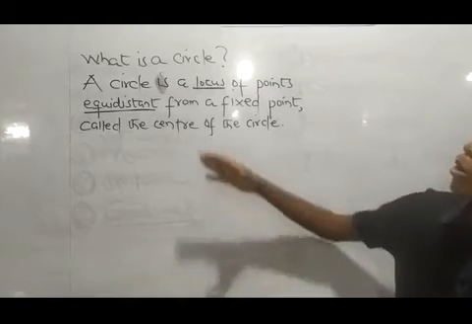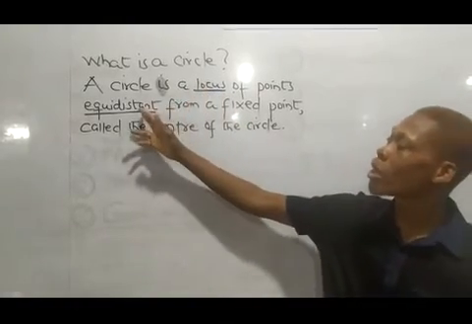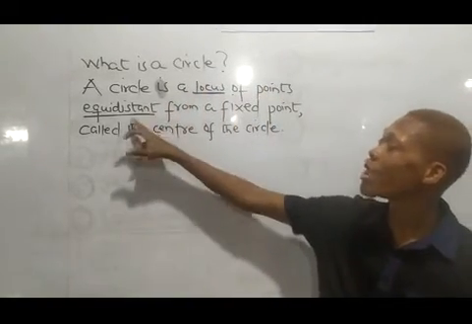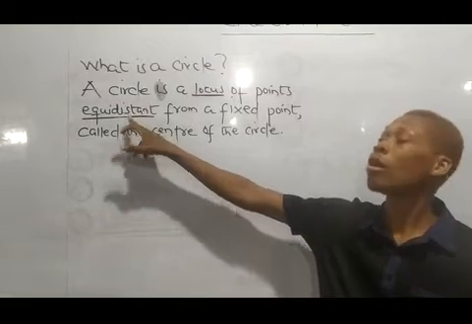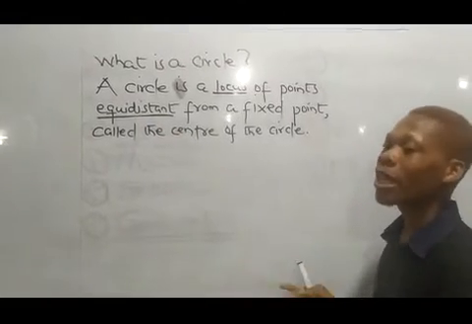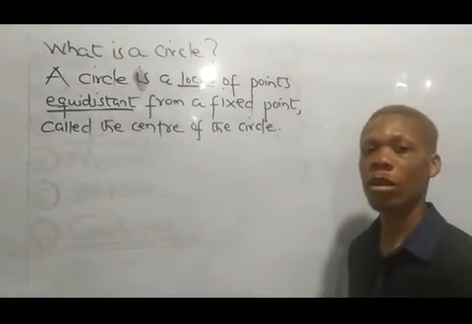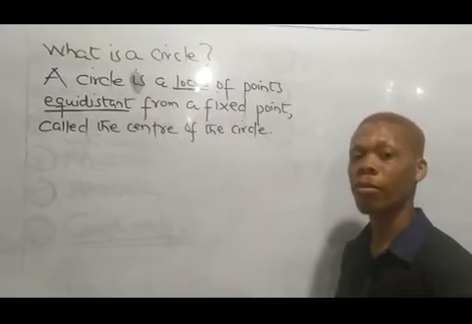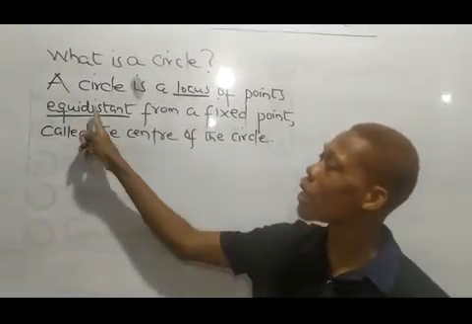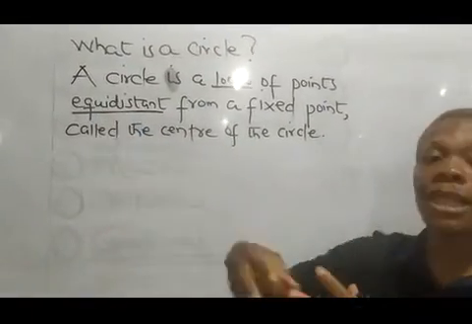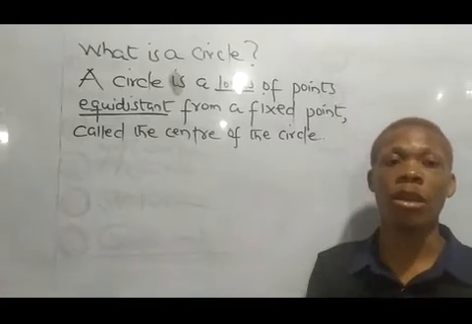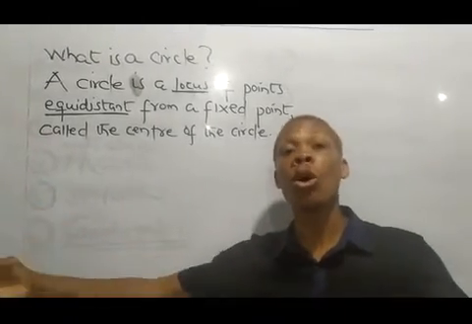Now, we are also saying that it is a locus of points which is equidistant. The word equi was taken from the word equal or same. So equidistant here means that the distance is the same apart, or it is equal apart.